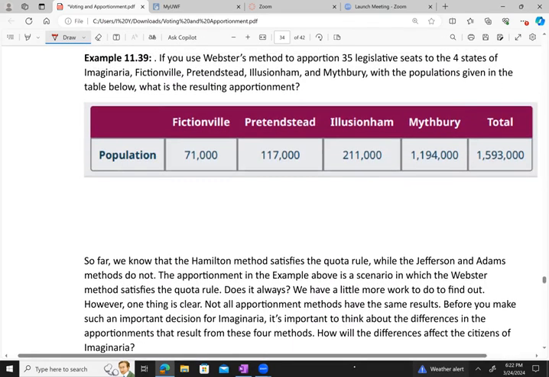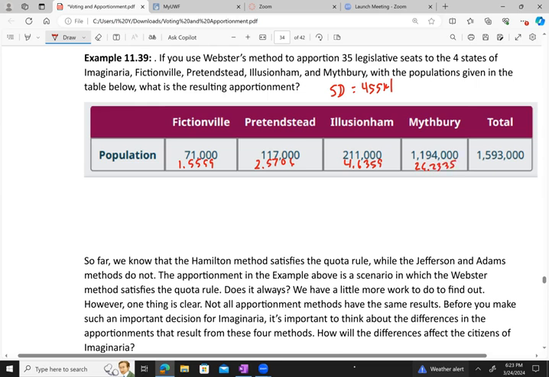So again, here we are back to Imaginaria and its 4 states. And our standard divisor was 45,514. And that gave me 1.5599, 2.5706, 4.6359, and 26.2335.